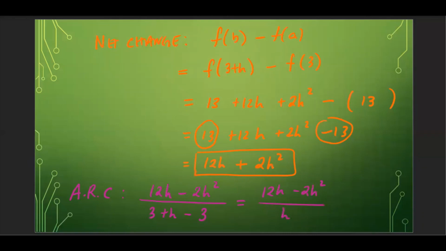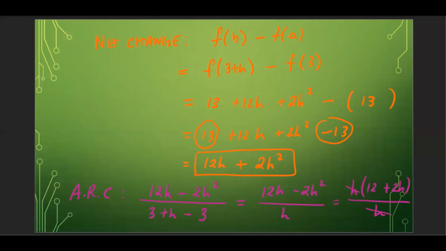And then here I can factor out the h on top. So I have h times 12 plus 2h, all over h. Now you can see that these h's will cancel out.